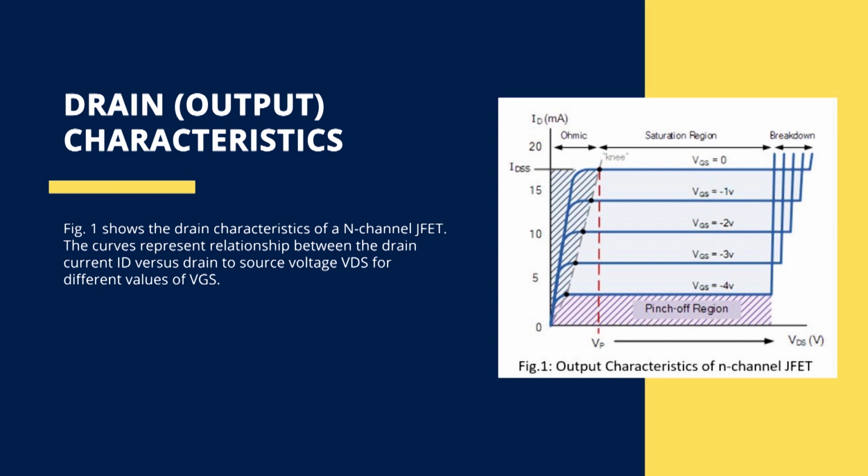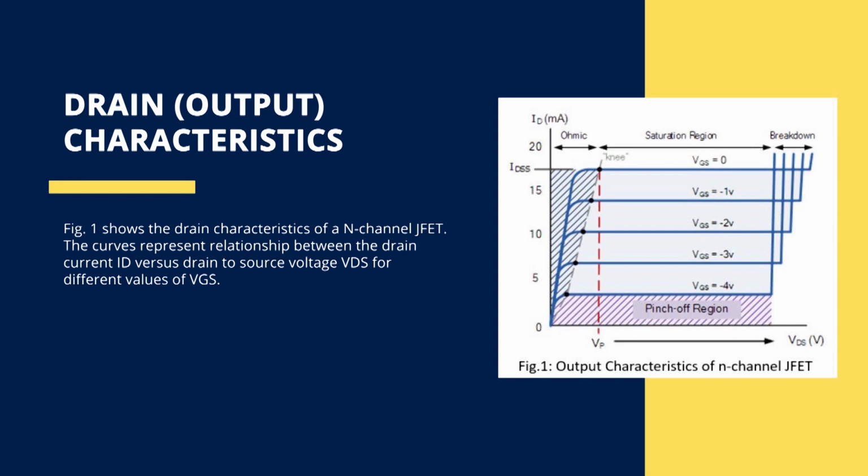Whenever we draw the drain characteristics or the output characteristics, our output values will be varying and the input will remain the same. Here input is our gate voltage. So, the gate voltage is kept constant and VD is varied. As the variation in VD occurs, the output current varies. So, this is the variation of the drain current with respect to the drain voltage.